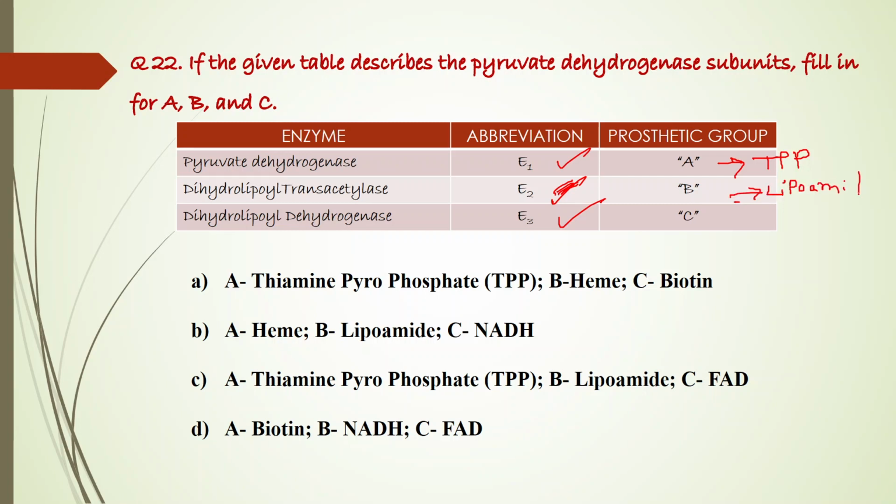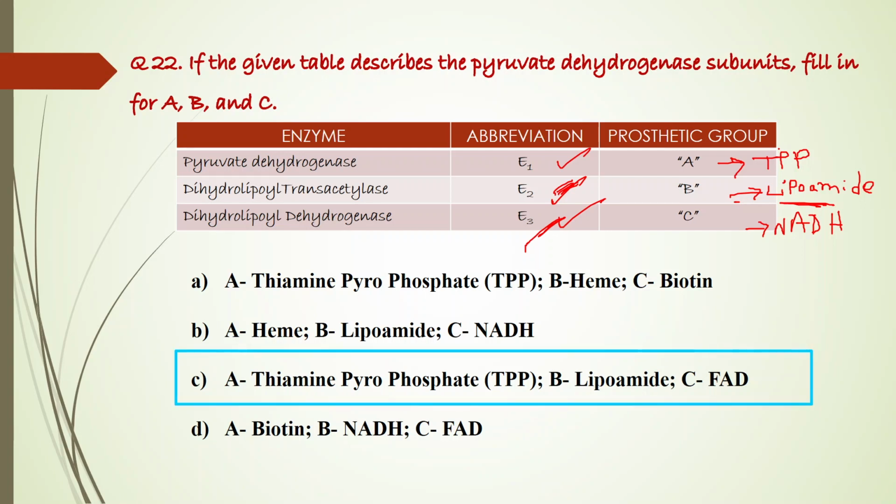We initially did that lipoic acid was involved in the reaction and it is formed via lipoamide. And the third part is the E3 subunit. In that case, we had the third prosthetic group, that is nothing but NADH. So these are the prosthetic groups that are involved with the 3 subunits of pyruvate dehydrogenase. So accordingly, the correct option should be option number C.